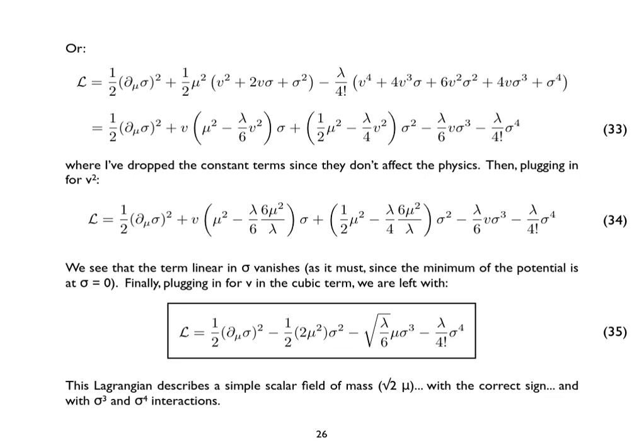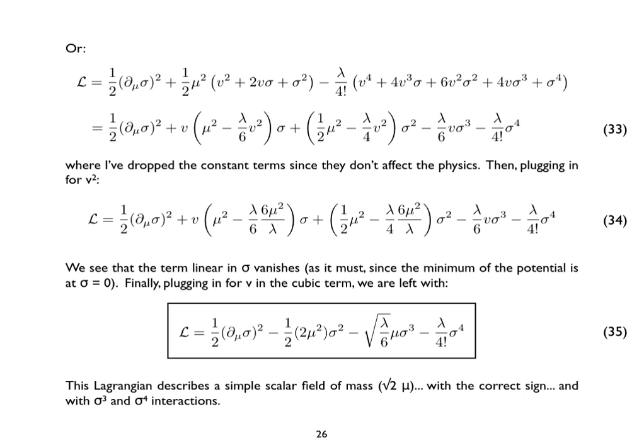Because you originally had this symmetry in the Lagrangian that if I took phi to minus phi, it was unchanged. But when we made that choice, remember we had that choice of which way to go. Did we go to the left or to the right? When we went to the left or right, we broke that symmetry. So that's where the breaking part of the spontaneous symmetry breaking comes from.